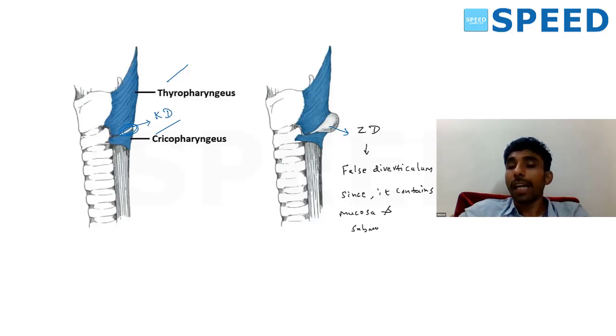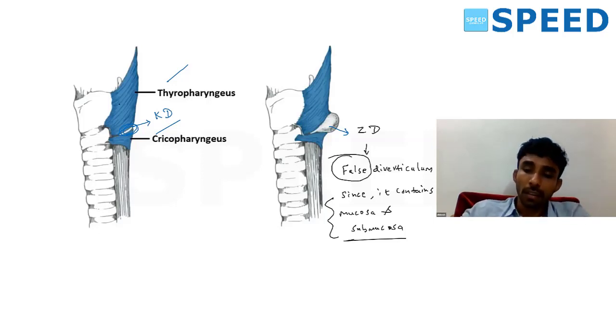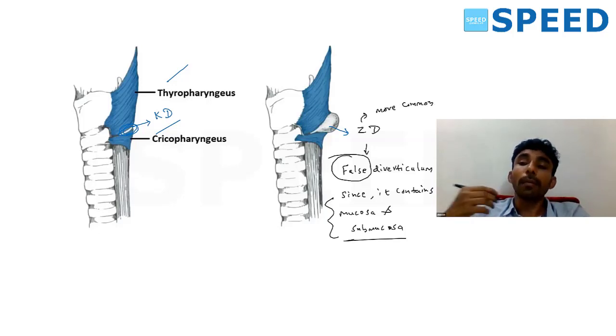The muscular layer is not coming out, not herniating. So only two layers are involved, not all the layers of the pharynx. That is the reason it is a false diverticulum. Okay, fine. And one more thing about Zenker's diverticulum, it is more common on left side.